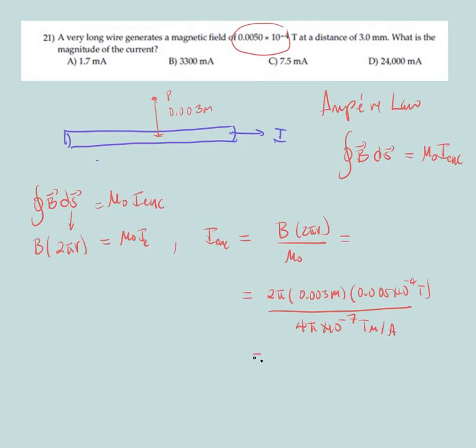And if you do this, you get something like 0.075 amperes, right? Actually, I think I'm missing a zero here. Let me see this. Yep, I'm missing the zero here. So the answer is 7.5 milliamperes.